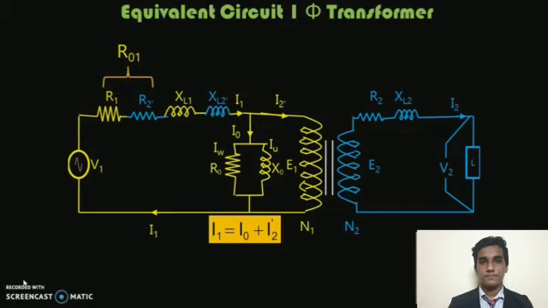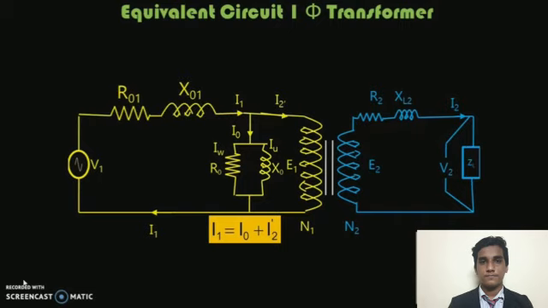These two constitute the equivalent reactance of the transformer referred to the primary side, called X01. R01 and X01 together constitute Z01, which is the equivalent impedance of the transformer referred to the primary side.